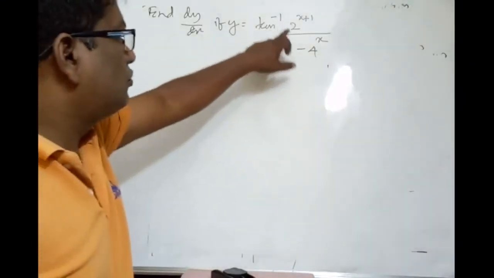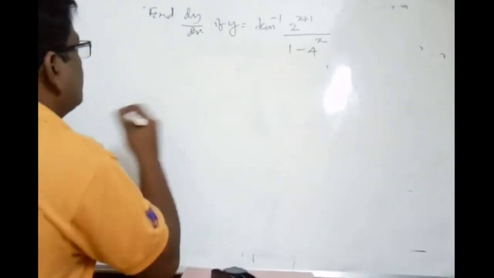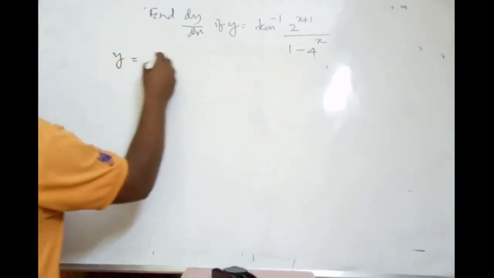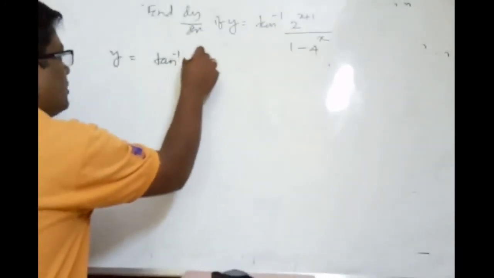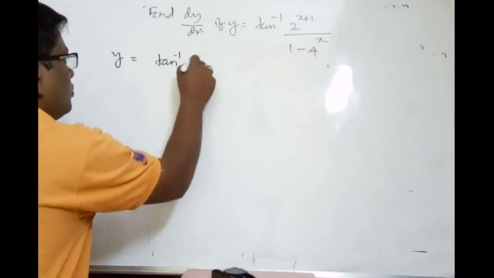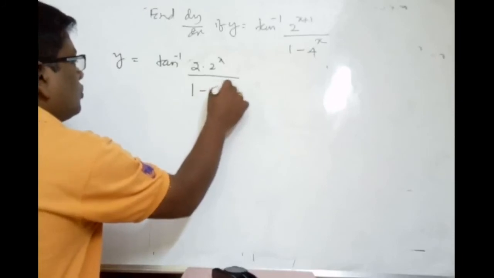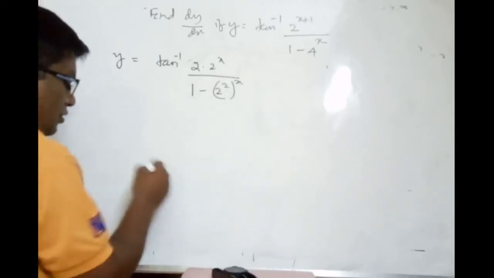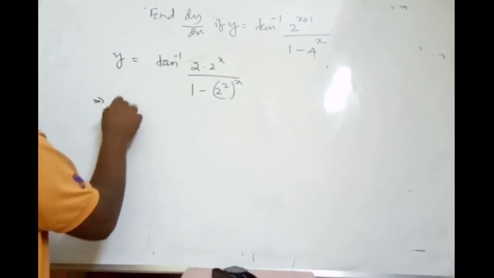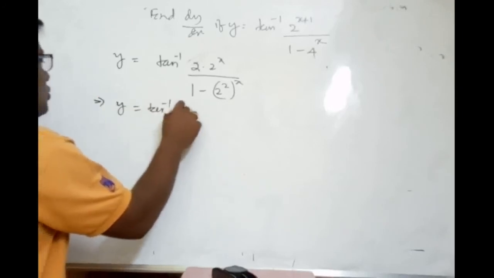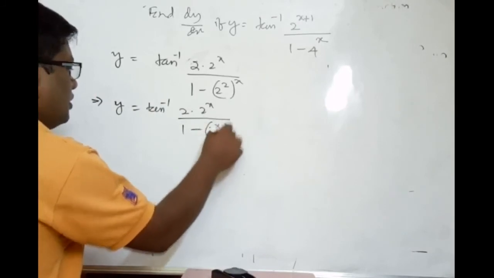Another question. If y is equal to tan inverse of (2 to the x plus 1) divided by (1 minus 4 to the x). We can write 2 to the x plus 1 as 2 into 2 to the x, and 1 minus 4 to the x as 1 minus (2 to the x) whole square. So y is equal to tan inverse of 2 into 2 to the x by 1 minus (2 to the x) whole square.